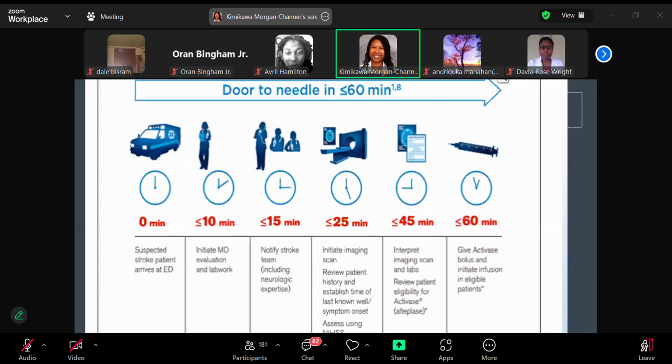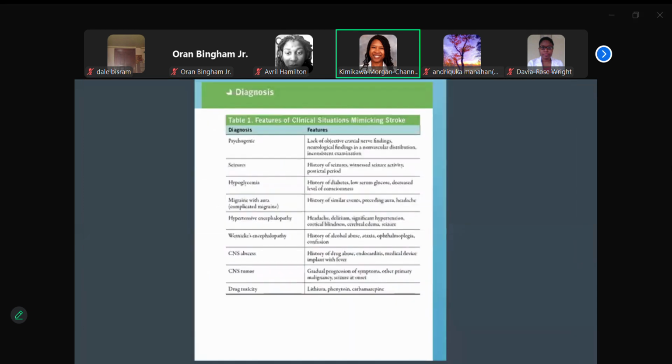Don't forget that. All right, let me look into my list for stroke mimics. So we've covered migraine with aura, hemiplegic migraine, which is also called complicated migraine, and seizures. Someone mentioned uremic encephalopathy, more like hypertensive encephalopathy. They can present with delirium and high blood pressure, which we also see in stroke.